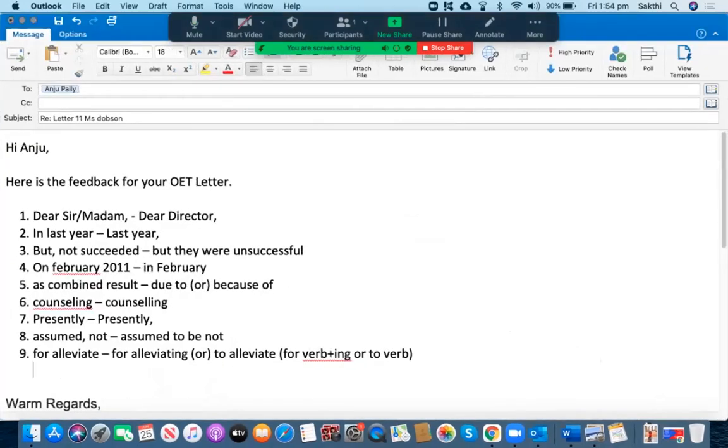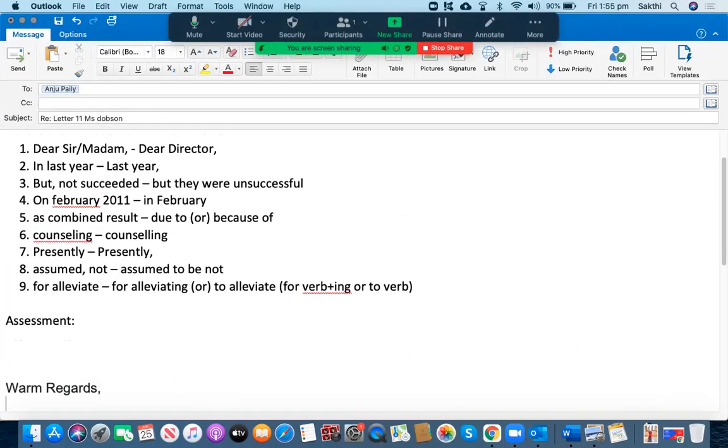Okay, all right. She has done a fairly decent job by writing down a letter with the less number of mistakes. Okay, let's say firstly, grammar could have been a bit better. Because but not succeeded, but they were unsuccessful.